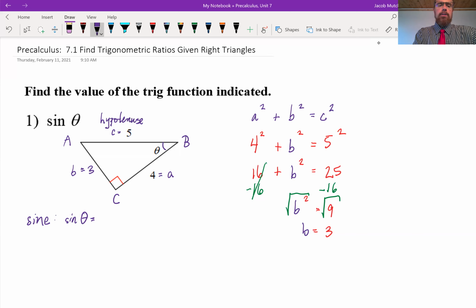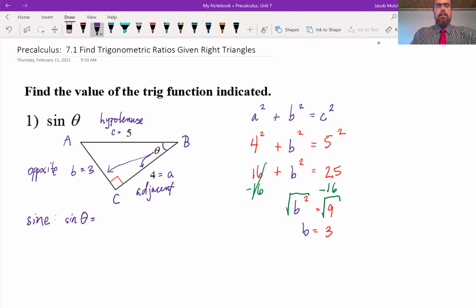And then the two legs, I'm going to distinguish from one another with how they relate to this angle theta. Side b, we would say, is opposite theta. So I'm going to label that opposite. And that's distinct from side a, which we would say is adjacent to theta. And that word adjacent really just means next to. You can think the side that's adjacent, it actually forms one of the sides that makes the angle itself.